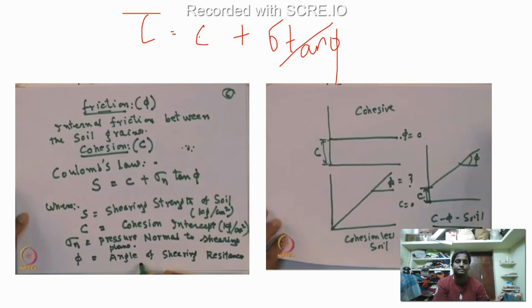So your tau, the shear strength, will be directly connected with your C value, that is your cohesion.